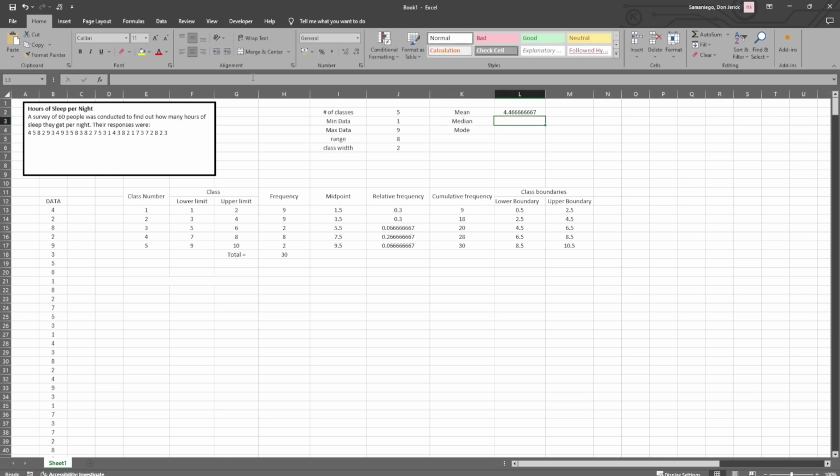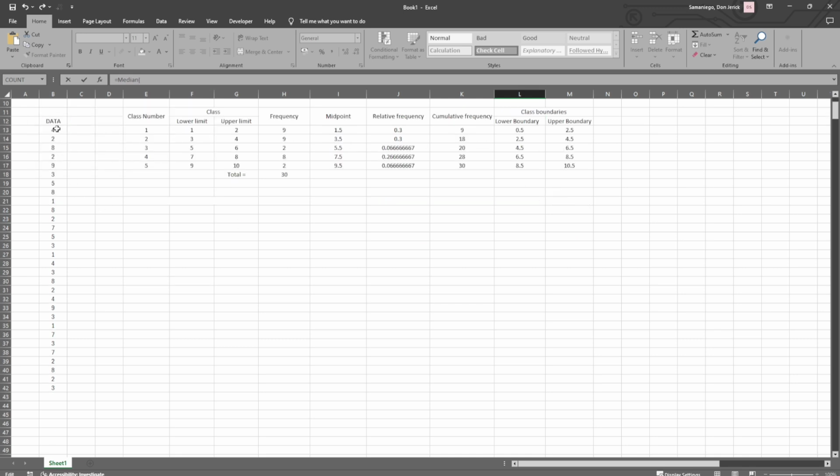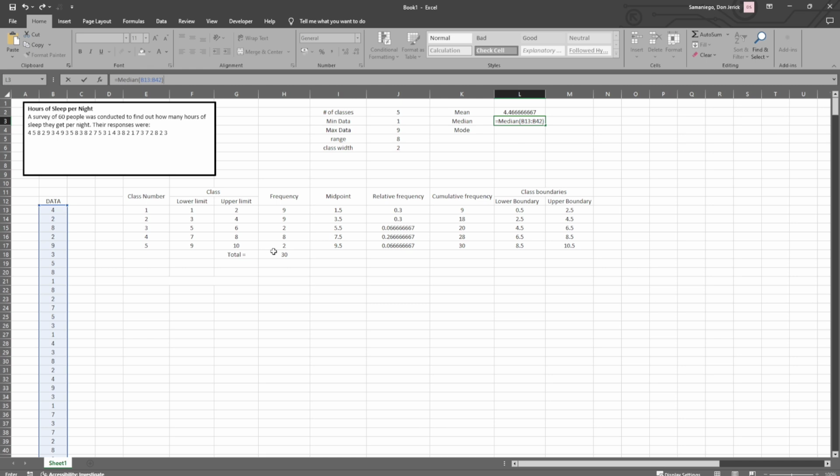To get the median, it is simply equal to the median function. The next is the mode. Only equal to the mode function.